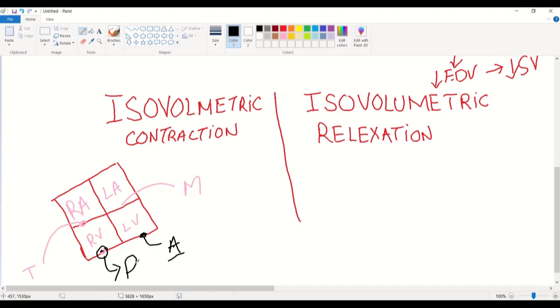Isovolumetric contraction means volume remains the same, but contraction means increased pressure. Suppose the left ventricle is contracting, but volume is not changed. Why? Why is volume not changed when the ventricles are contracting?